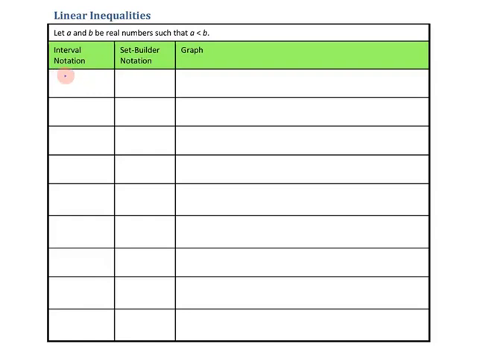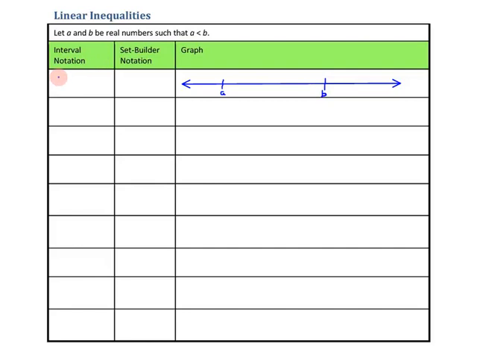the interval from A to B. So let's start off by assuming that A and B are two real numbers. So on some real number line, we have the number A, which is less than the number B. Okay.